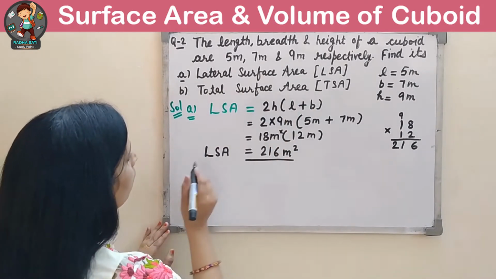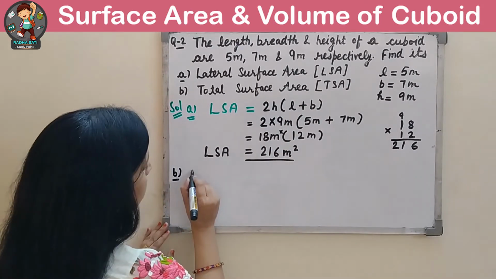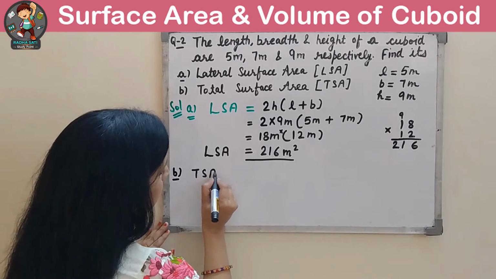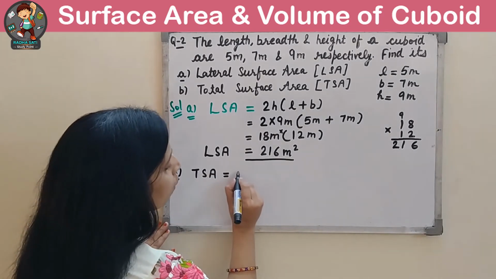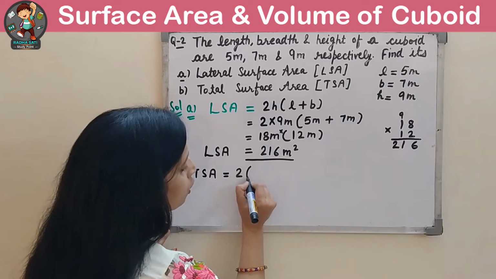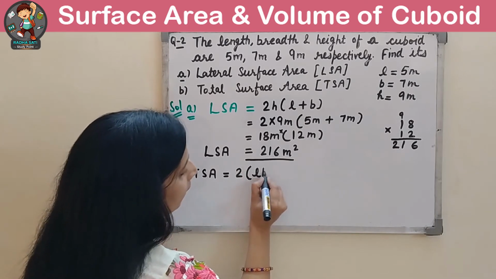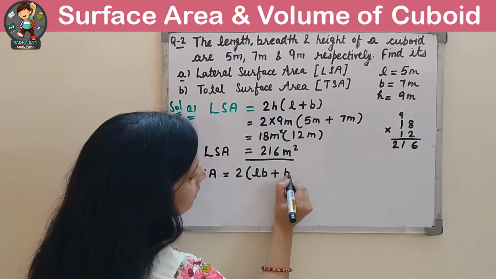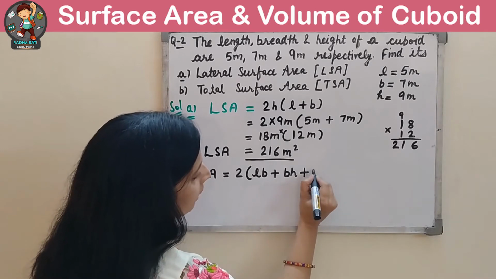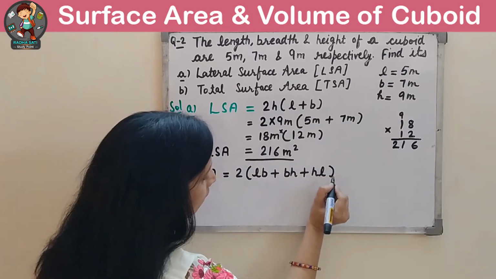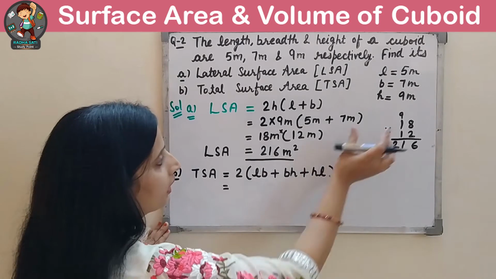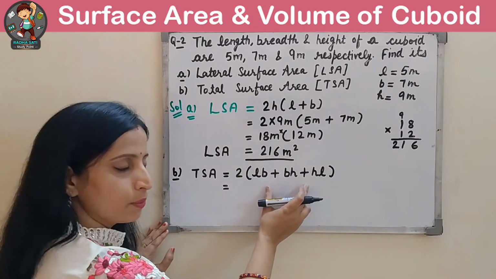Now let's find out total surface area, TSA. We know the formula to find out the total surface area. It's 2 times LB plus BH plus HL. Now again we have to put these values in this formula.